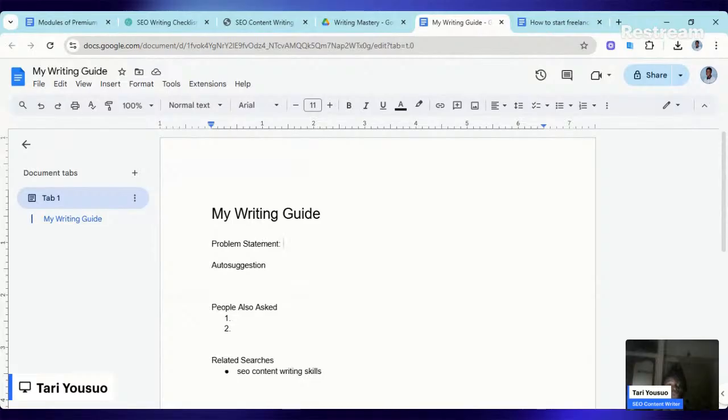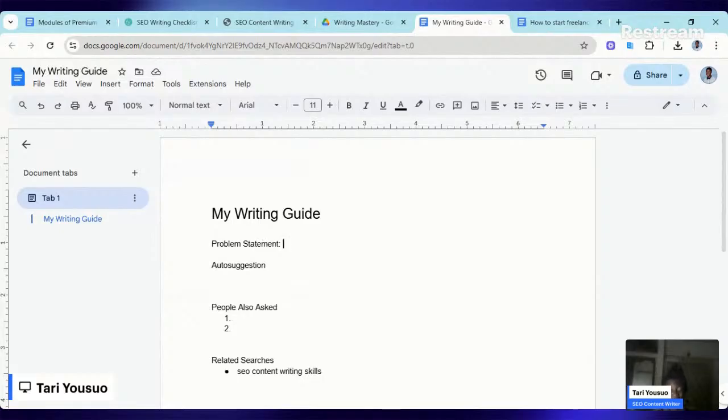So, but someone looking for how to start freelancing in Nigeria, what I'm thinking is most likely the person is a young Nigerian, say maybe between ages of 22 and 28, who doesn't even have any skill, but the person has heard that you can make money from freelancing. So, the person wants to know how to start freelancing.